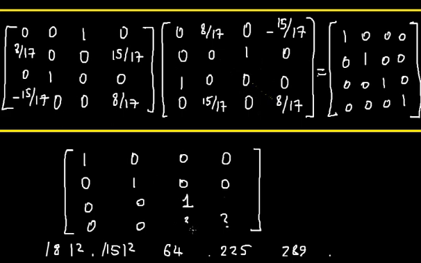So this is going to be 0 as well. And finally, for the last entry, we have minus 15 times minus 15, which is, we don't need to know what it is because we already know what it is, right?